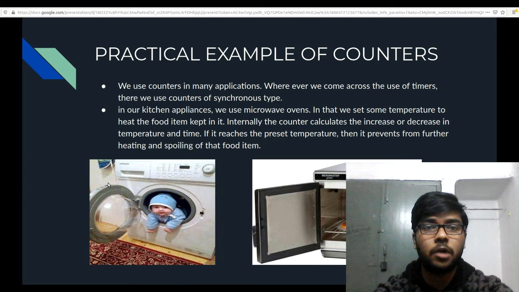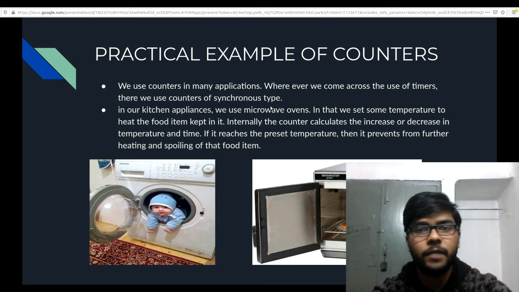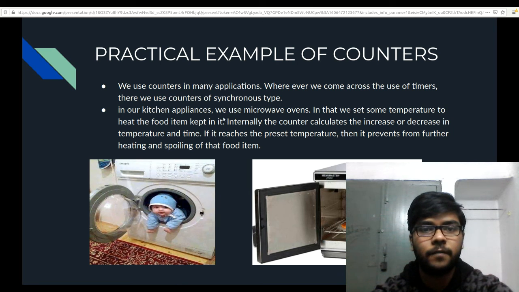So let's talk about some practical examples of counters. We use counters in many applications. Whenever we come across timers, there we use counters of synchronous type. And basically, whenever we require a logic of increment or decrement, and there is a particular limit above which we cannot increase the value of the counter, we use a digital counter.